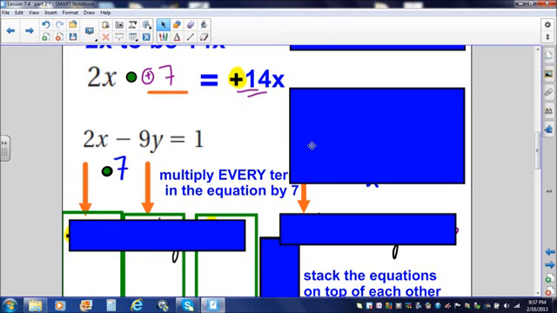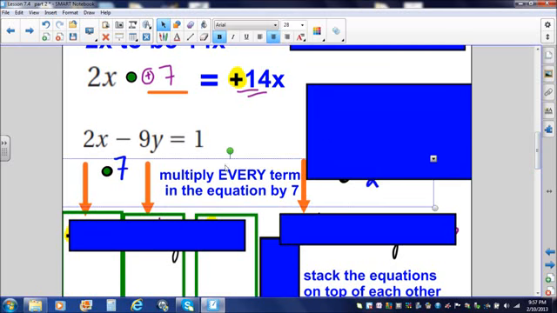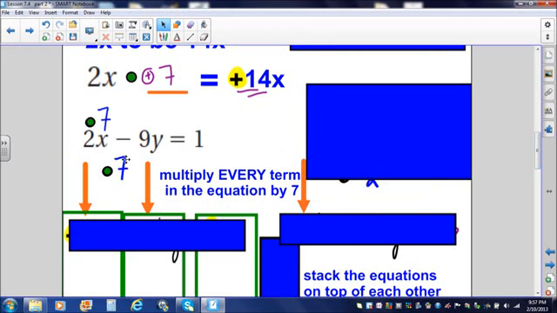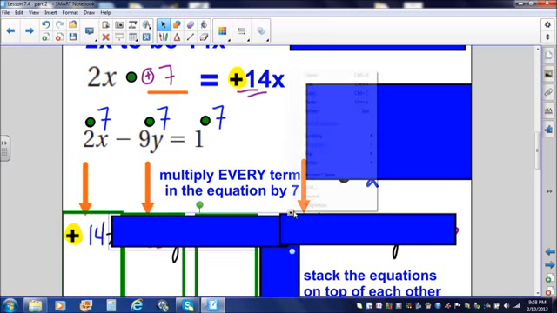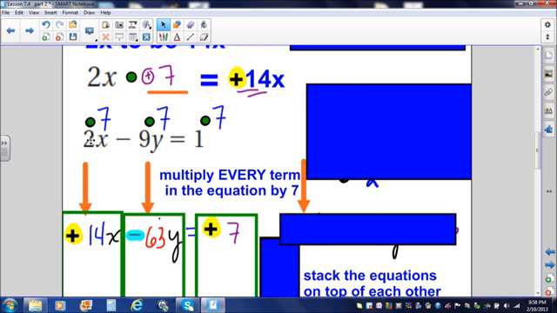So I will multiply every term in this equation by 7. 2x times 7 gives me positive 14x. Negative 9y times 7 gives me negative 63y. 1 times 7 gives me positive 7.